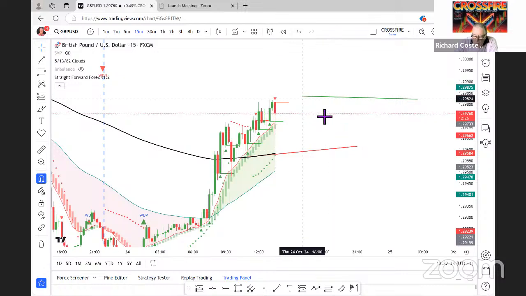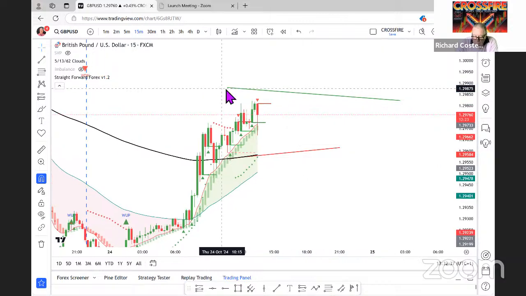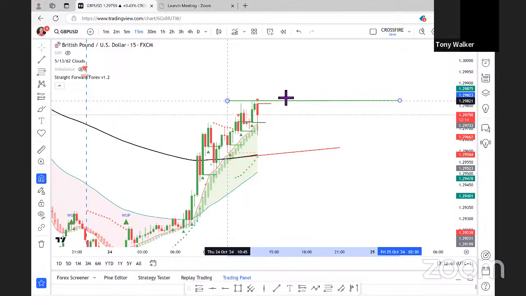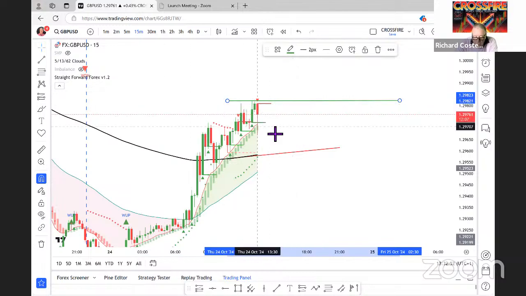It needs to be horizontal. So that's as near as I can get it. That's the top of the 1 o'clock. There's nothing higher to the left, so that's okay.